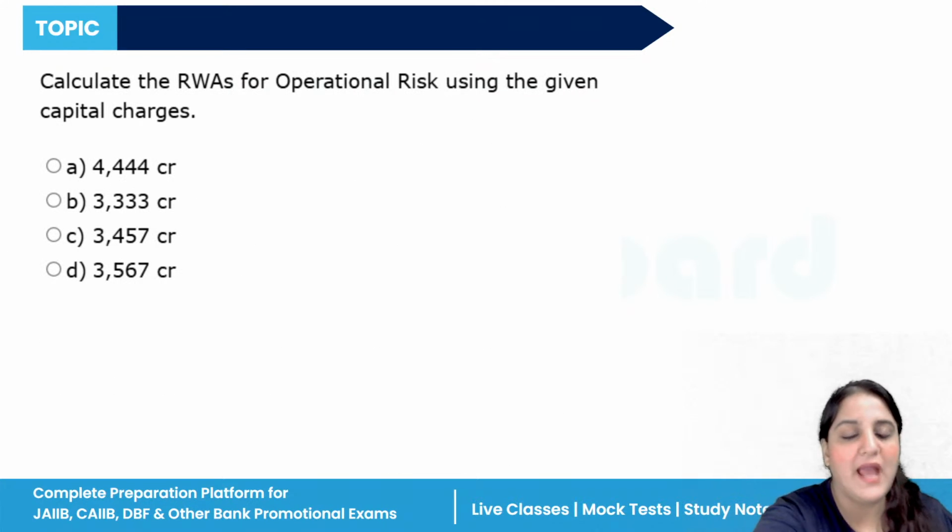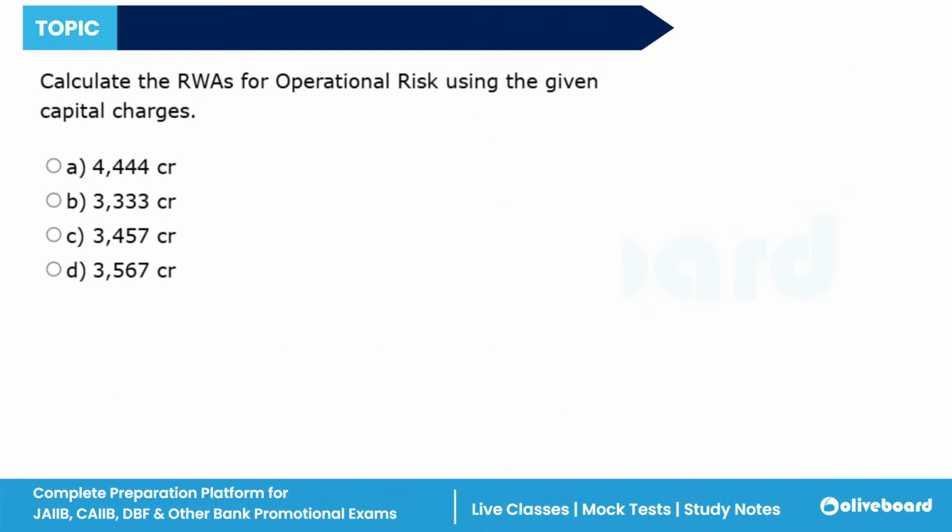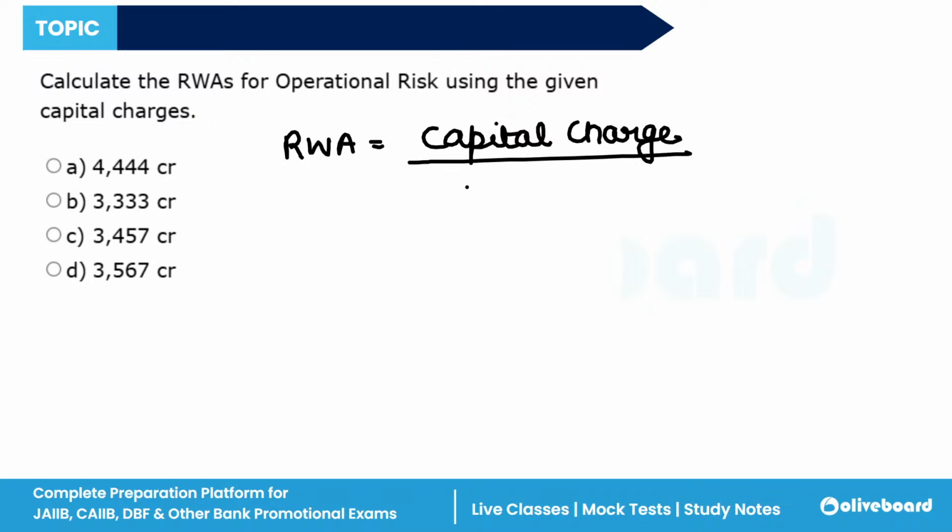Okay, so how to calculate this? Let me tell you. There is a formula of risk weighted asset, which is capital charge divided by minimum CRAR.